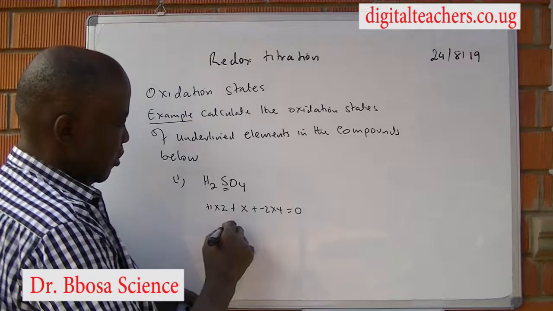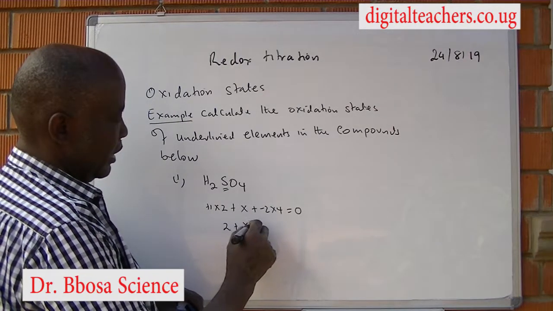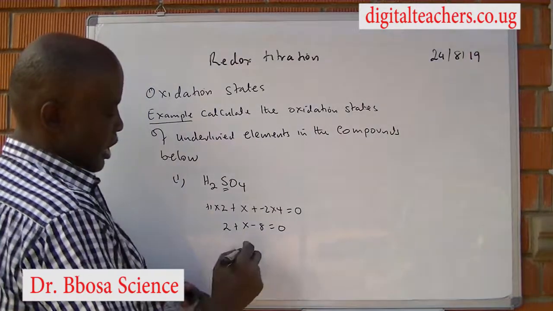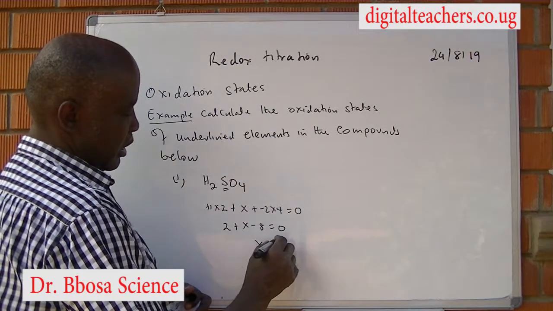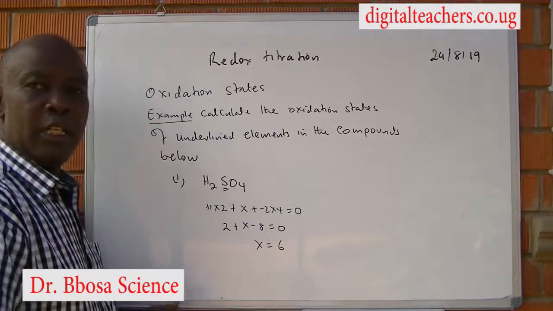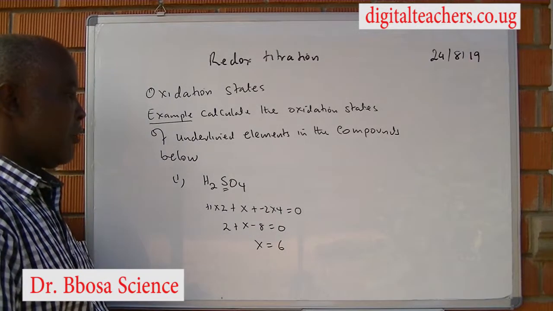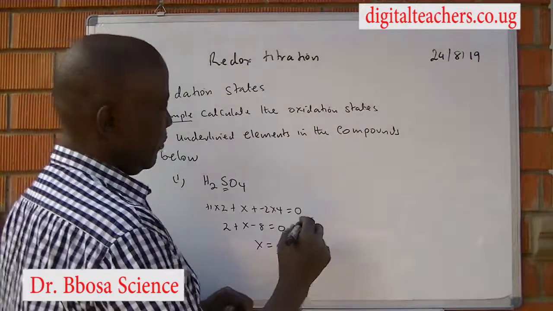So this is 2 plus x minus 8 is equal to 0. x is equal to 6. Therefore, the oxidation state of sulfur in sulfuric acid is positive 6.